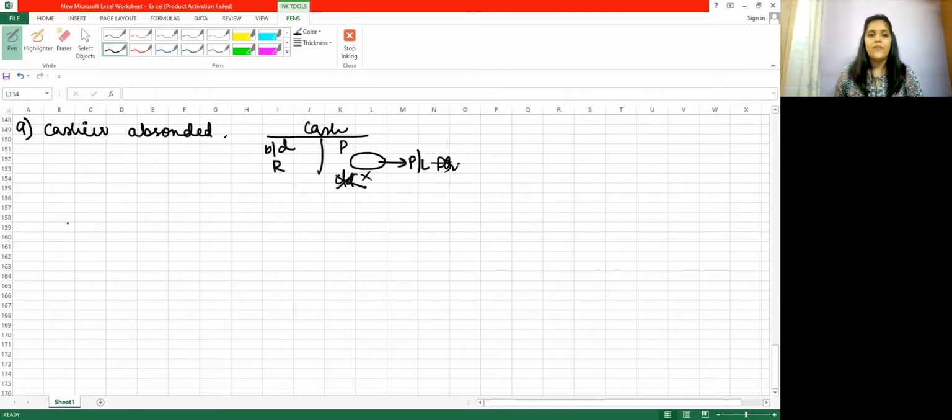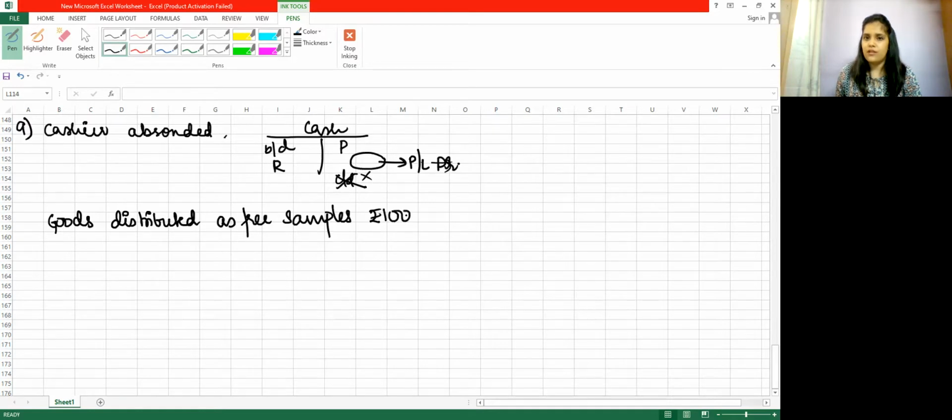Okay, and if this question states that you gave away goods distributed as free samples worth rupees 10,000, this is your cost price, then this means that goods have gone out of the business for free.